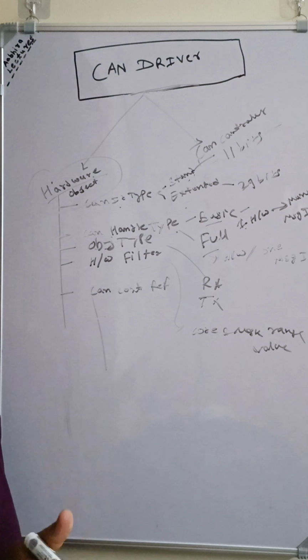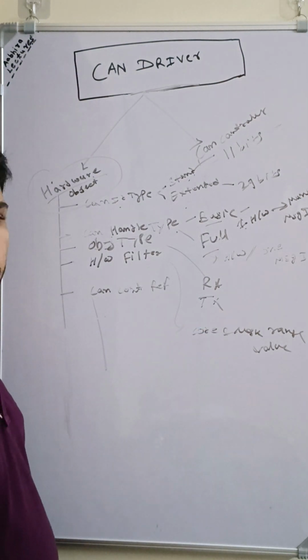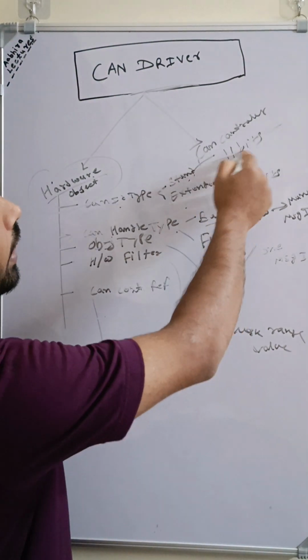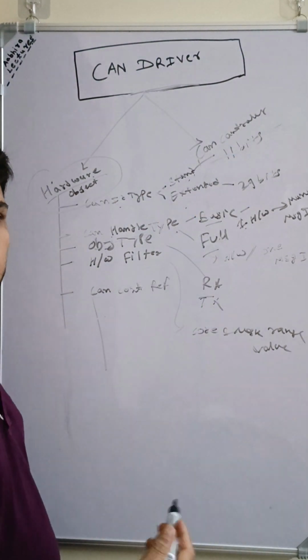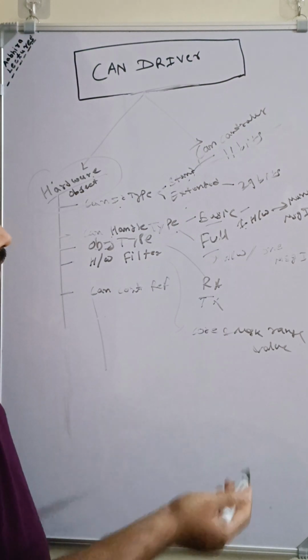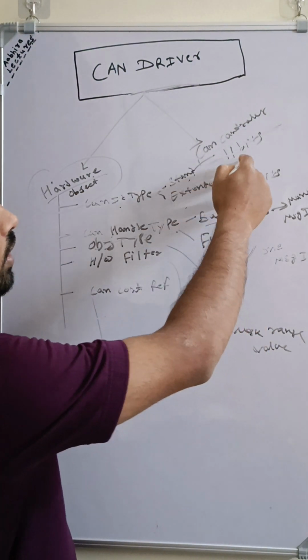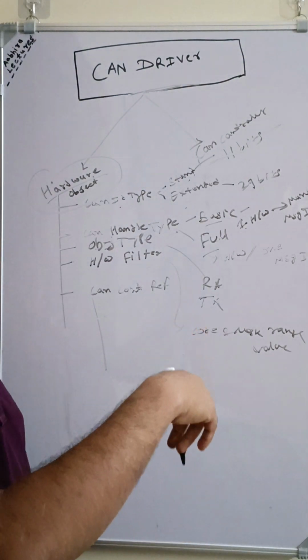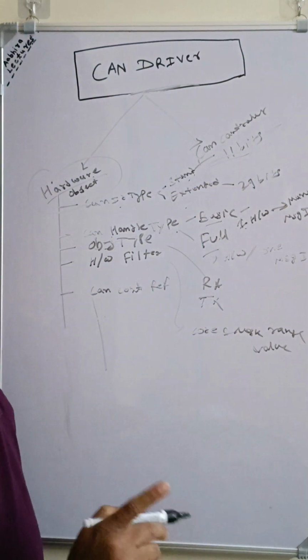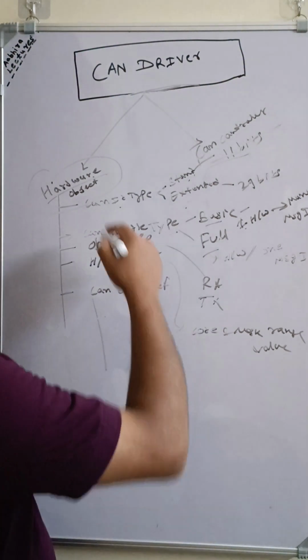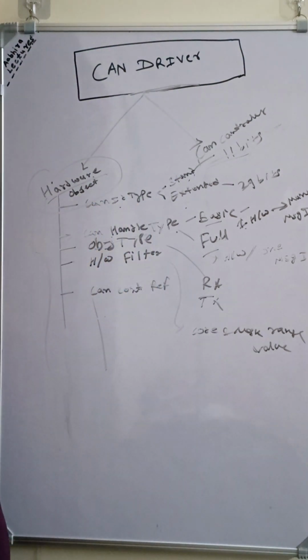As I said, when you are working on a project from scratch, at that time we have to configure the CAN controller. But if you joined in the middle of the project, at that time there is no need to configure the CAN controller. Just check whether all the parameters are configured or not, because the CAN controller is a one-time configuration. And hardware we configure with respect to the message.